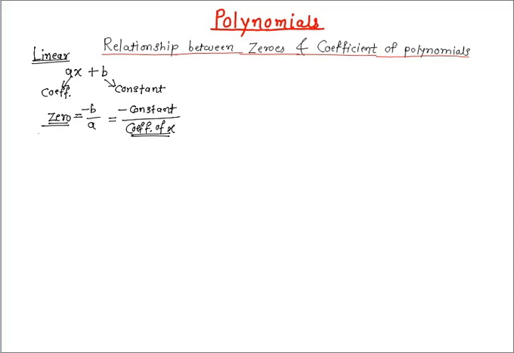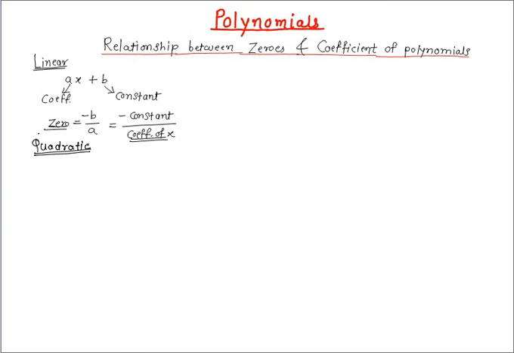Now let's talk about quadratic. Let's take an example of a quadratic polynomial. Now, we know how to factorize this polynomial. By factorizing it, we get the zeros of the polynomial. Now, to factorize it, we split the middle term, that is 5, in such a way that the two numbers, when added, give the sum 5.